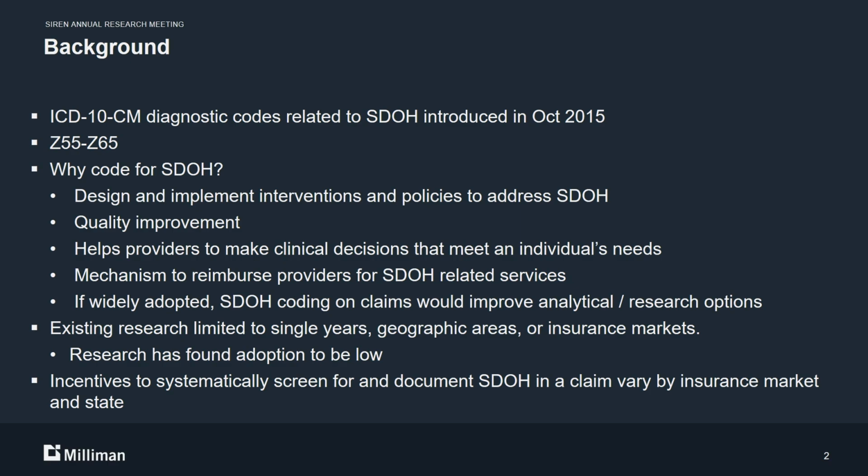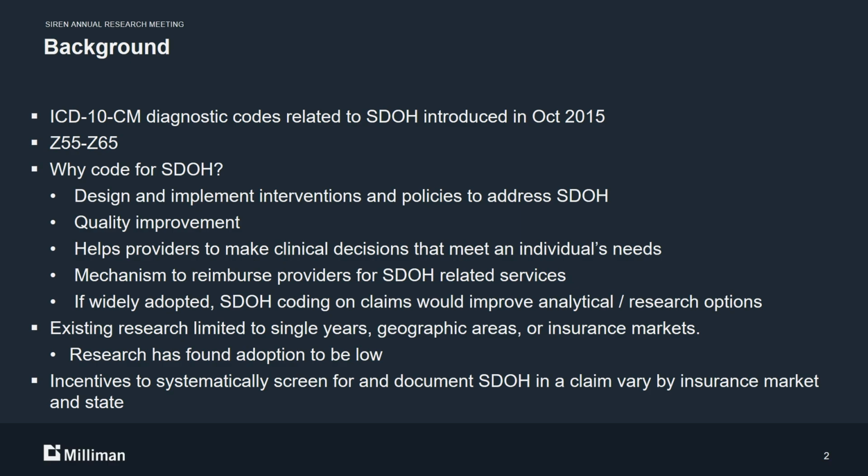And if we're able to use social determinants of health coding on claims, it would improve our capacity to do analytics and research. Administrative claims offer an interesting opportunity to think about individual needs versus population level, and you're able to do both with this type of data.